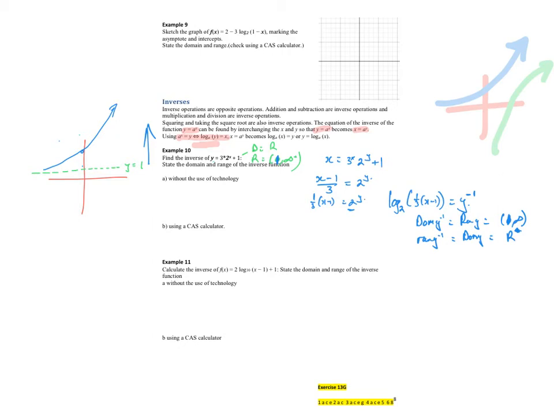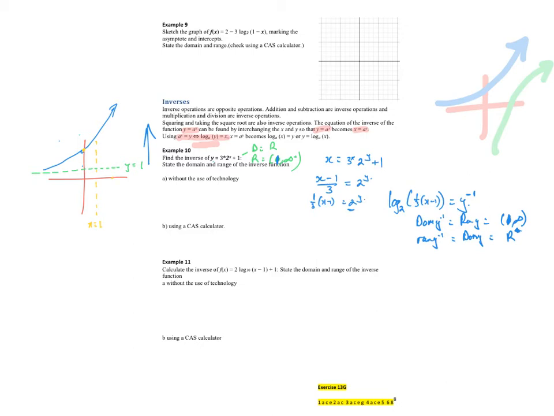So if we were to sketch the graph of our log graph, even if I do it on the same axes, there's my vertical asymptote at x equal to 1. The y-intercept of the function becomes the x-intercept of my inverse function. At x equal to 0, 2 to 0 is 1, so that's at the point 4.